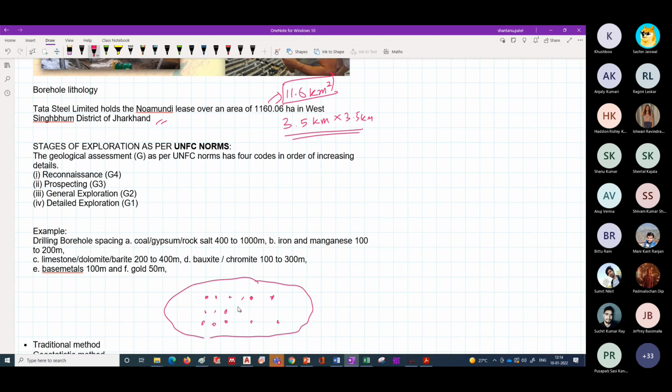Between this 100 meter distance, we don't know what is happening, so we need to use some technique to get the changes in grade and thickness all around this area. Is this clear up to here? Does anybody want to ask anything? Okay, I think it's pretty clear.